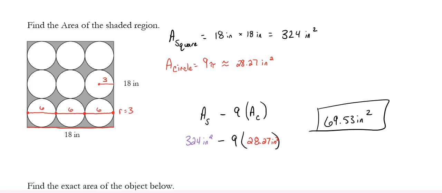Must have the inches squared, and I'm going to give the approximate. If I asked for the exact, it would be this 324 inches squared minus 9 times 9 pi. So that would have been 81 pi inches squared. Notice you can't subtract 324 and 81 because they're not like terms. Okay? This winds up giving me approximately this.